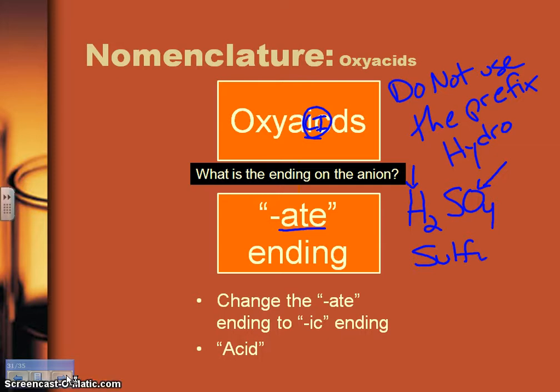So in this case, we have sulfuric acid. If you notice in the previous example, we had H2S, which was hydrosulfuric acid. The only difference between the two is the prefix hydro when we only have a binary acid.